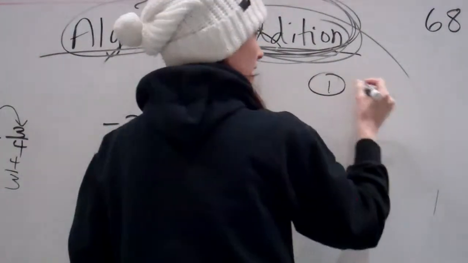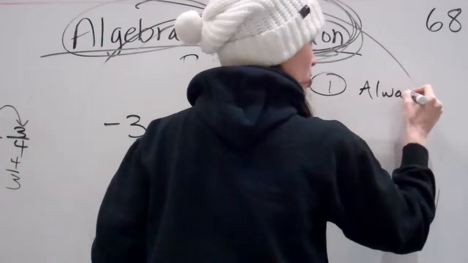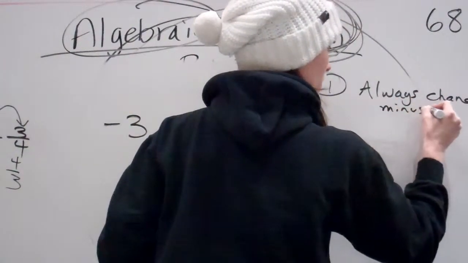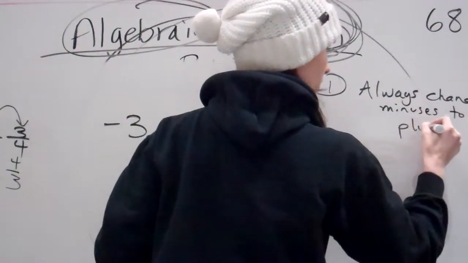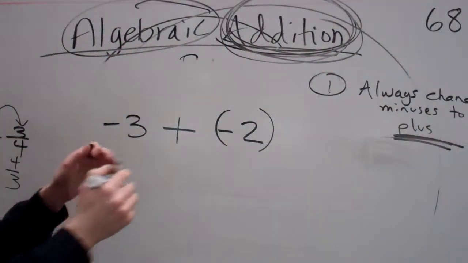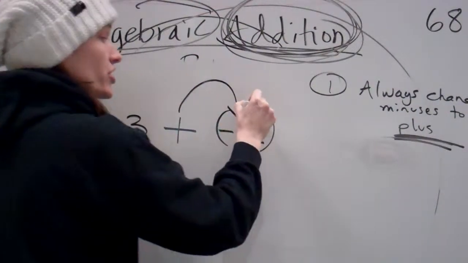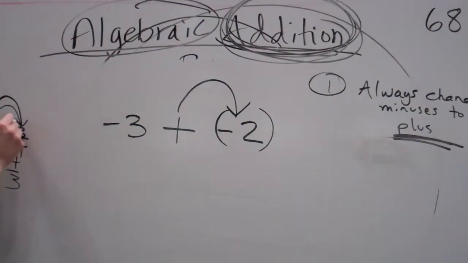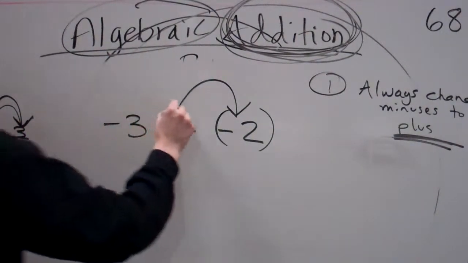So if you want to write that down, always change minuses to plus. Always. Okay? But when you do that, you're going to change the sign of the number to the right. Just like we change this fraction on the right, we're going to change the sign.